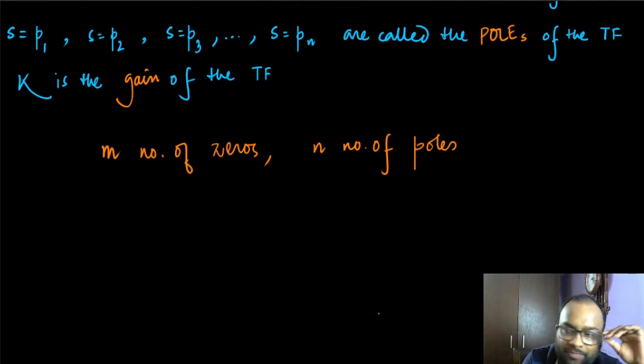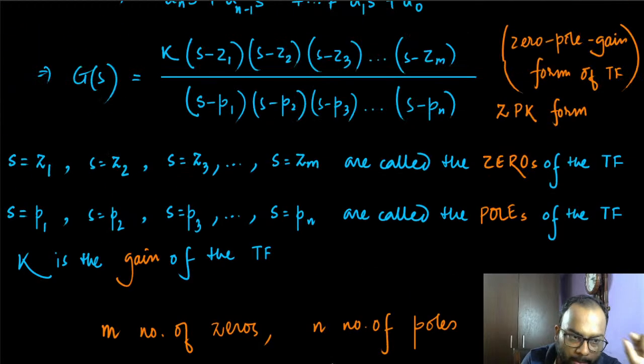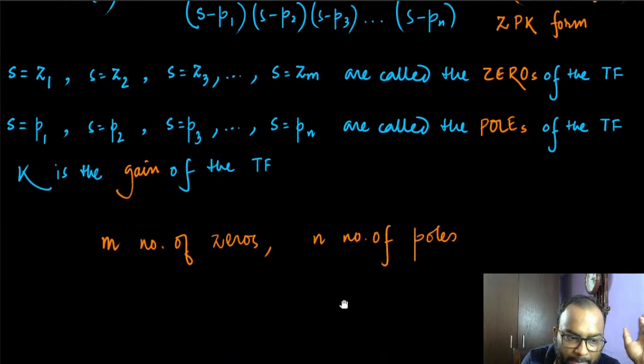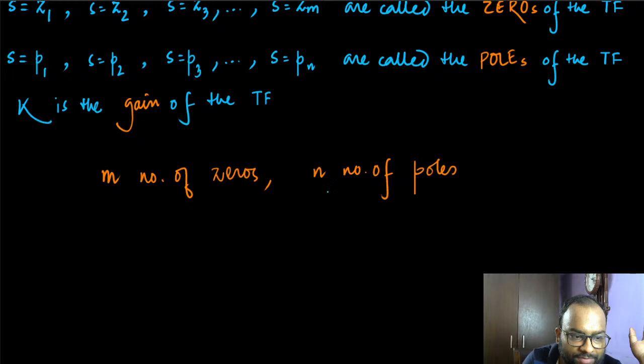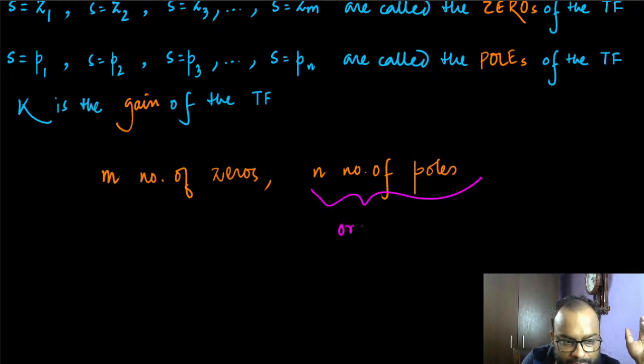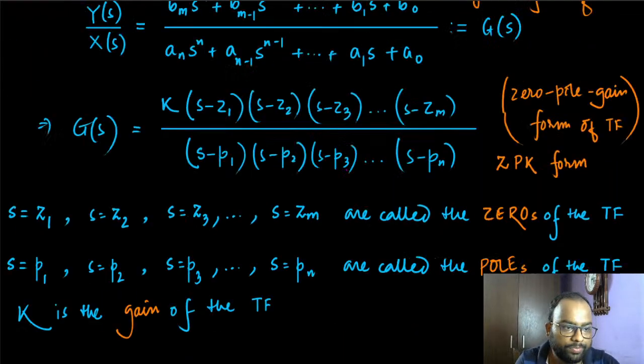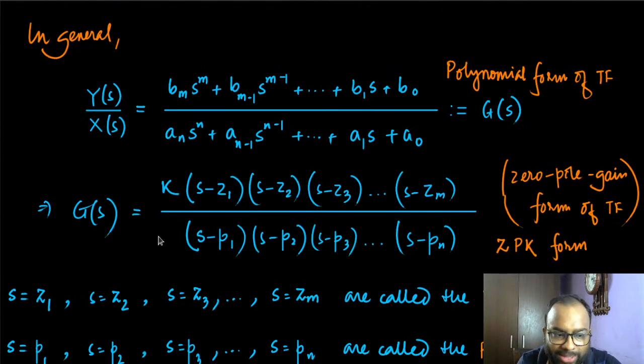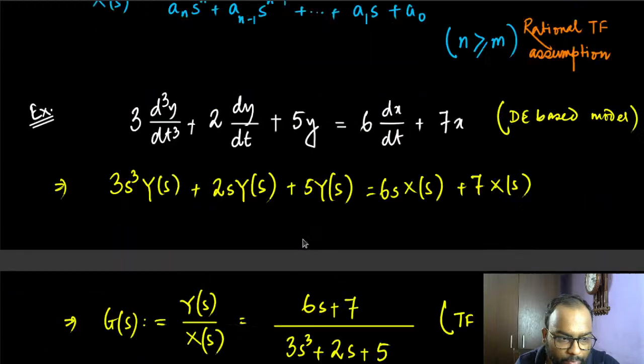There is an idea of the order of the system, which I am going to talk about in a later class. Just keep in mind, the number of poles of the system is also known as the order of the system. So this is an nth order system because there are n poles.